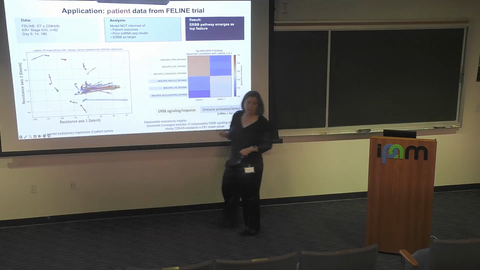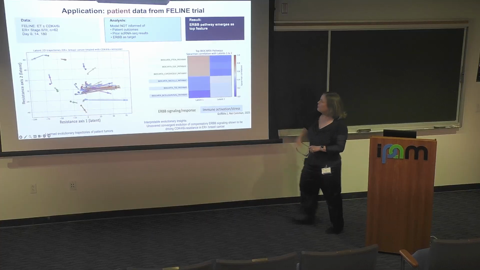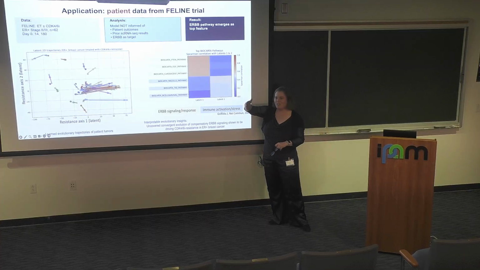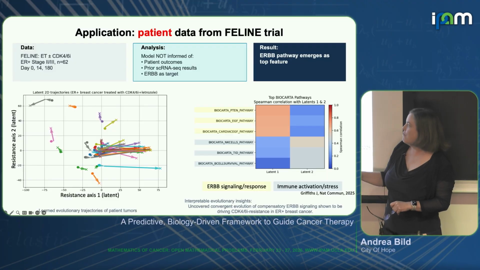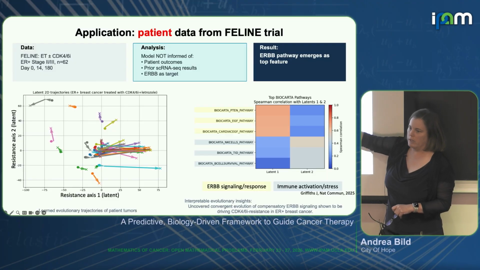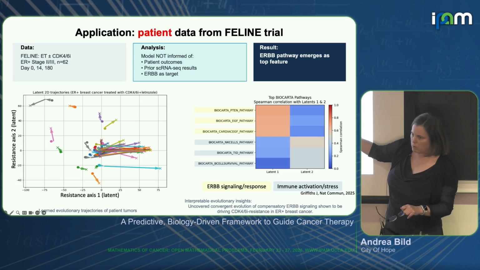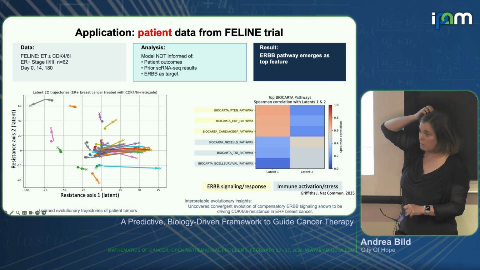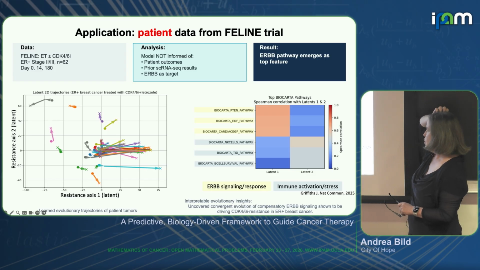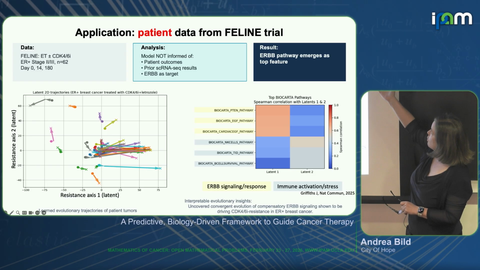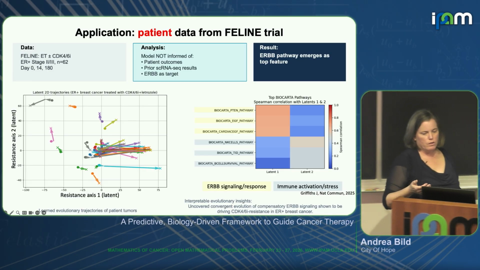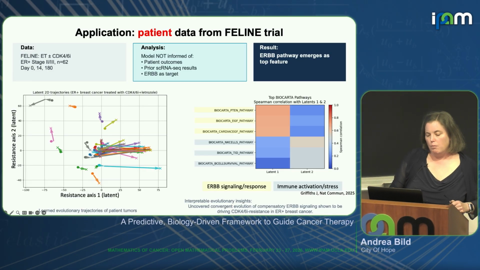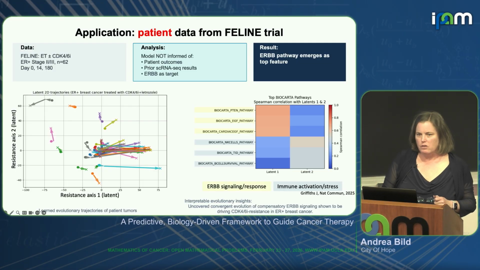So it seems to be predicting biology. The other feature was immune signaling. Immune signaling is complex, and I'm not saying this is the same immune signaling that we saw in our other paper. We need to dive deeper into it, but it does reflect that immune signaling is also important for these patients, at least a subpopulation of them. So the result is that these predictions seem to be working reasonably well at this point in time.